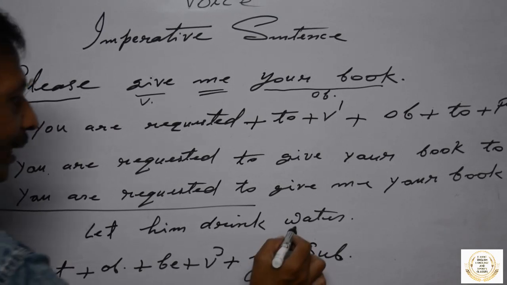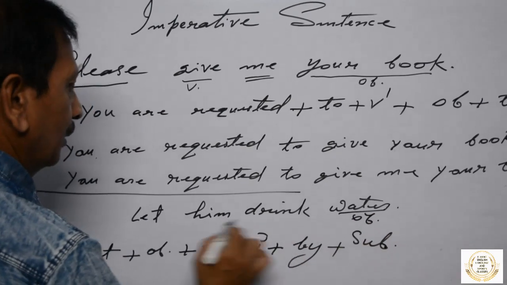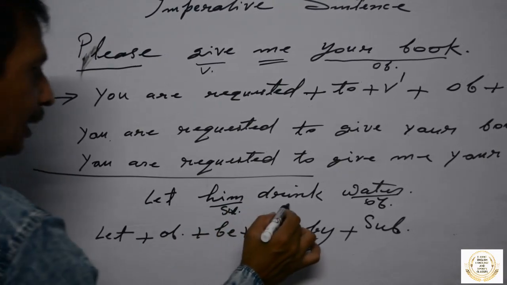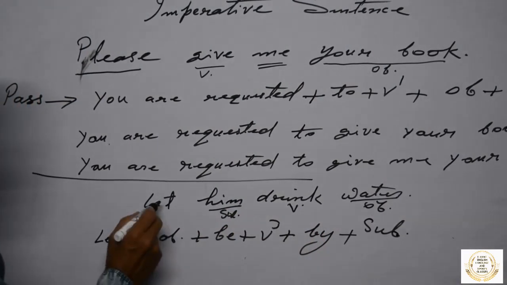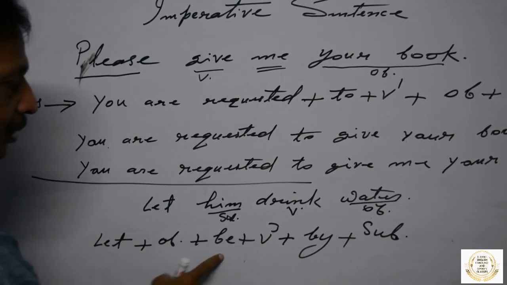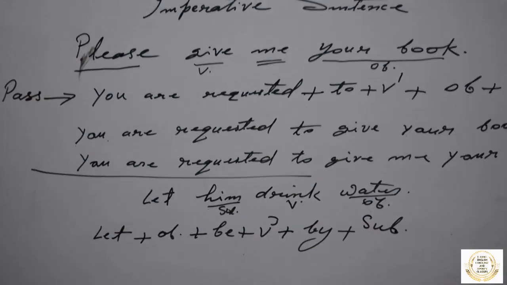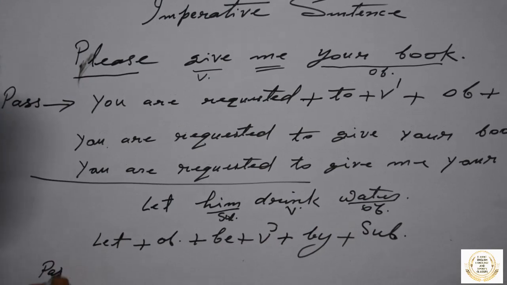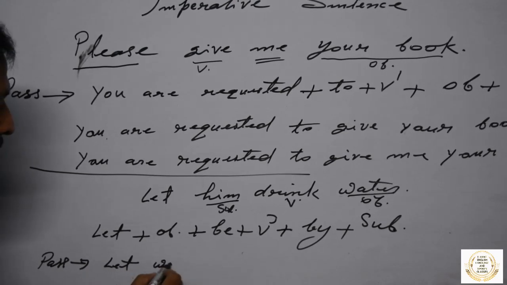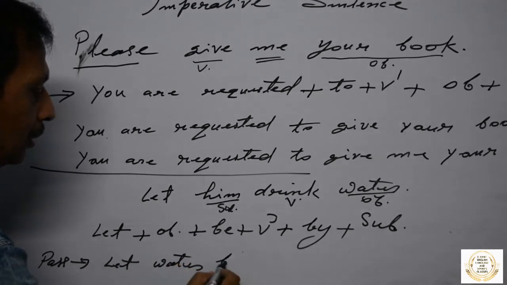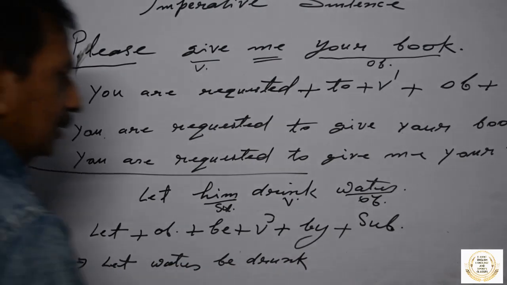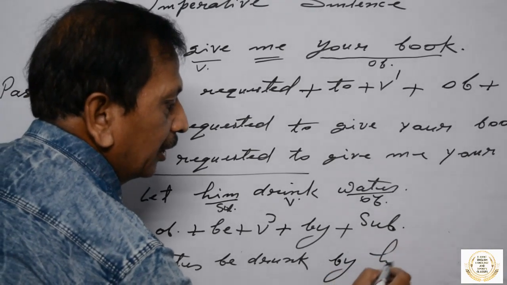And here water is the object, okay, this is the subject, that is nominative case. Actually this is your verb, principal verb. This begins with let. Your construction should be followed: let object be V3 by subject. So what should be your correct answer for passive? Your correct answer should be let water be drunk, V3, drink, drank, drunk, be drunk by him. Okay?